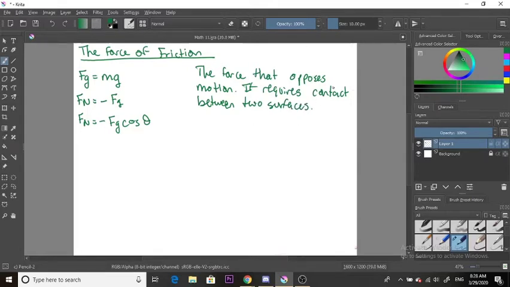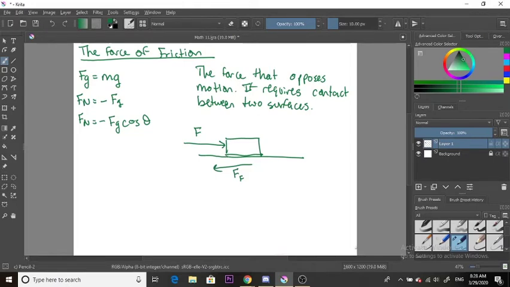That is the basic definition of the friction force. For instance, if we had a box that was being pushed along this way, the friction force would be moving in the opposite direction because the movement is going to the right, so the friction force would be going to the left.